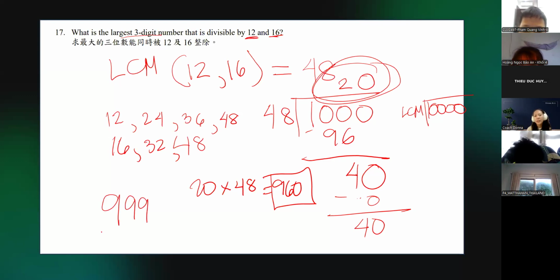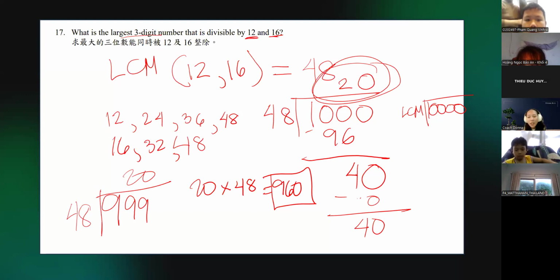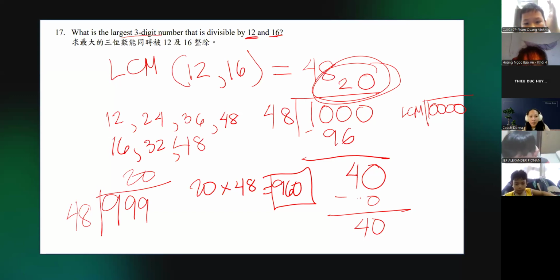It's still the same answer, right? You still get 20 here. What we want is the whole number. It's the same process. Is the answer 960? Yeah, the largest three-digit number is 960.